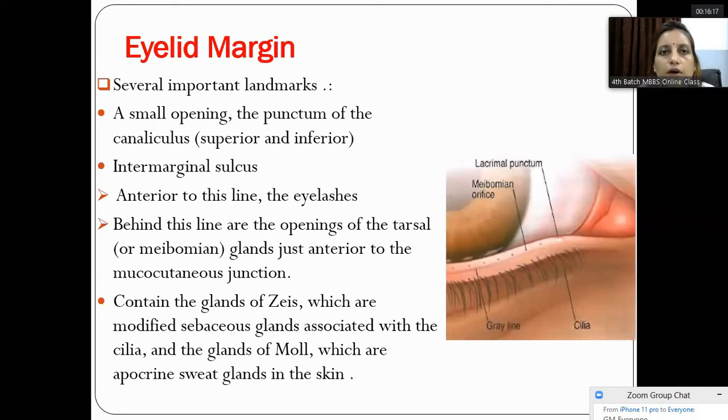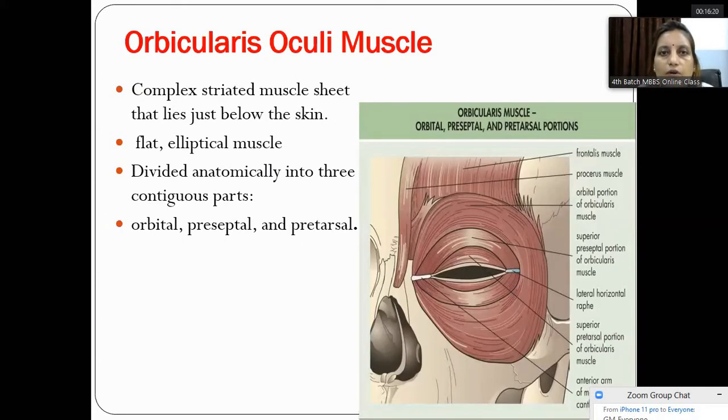Now coming to the orbicularis oculi muscle, it is a complex striated muscle sheet that lies just below the skin. It is a flat and elliptical muscle. It is divided anatomically into three parts, that is the orbital part, preseptal and pretarsal part.